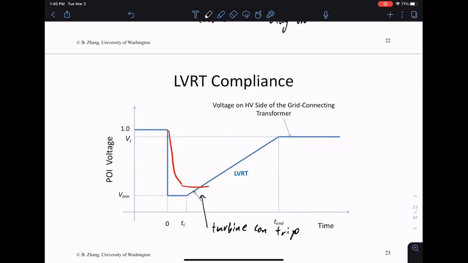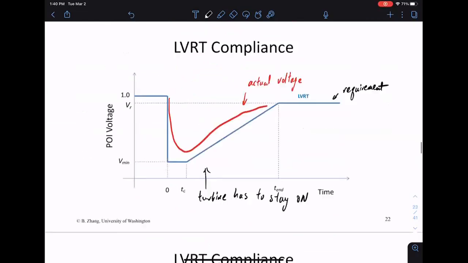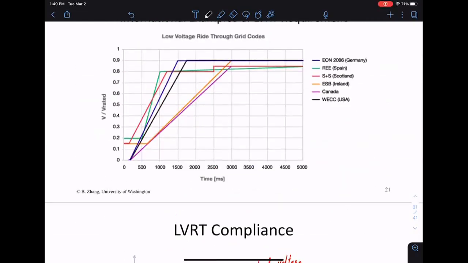Seth asked a question in chat: why is there a step in Scotland's requirement? Let's look at this one. This means the red line, this step function here. This step is basically you have to go back to 0.85 after 2.5 seconds.